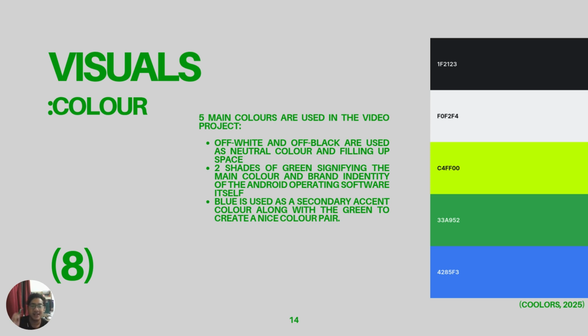And then the blue is a secondary color that is complementary to the green that they use alongside together to create a harmony of color.